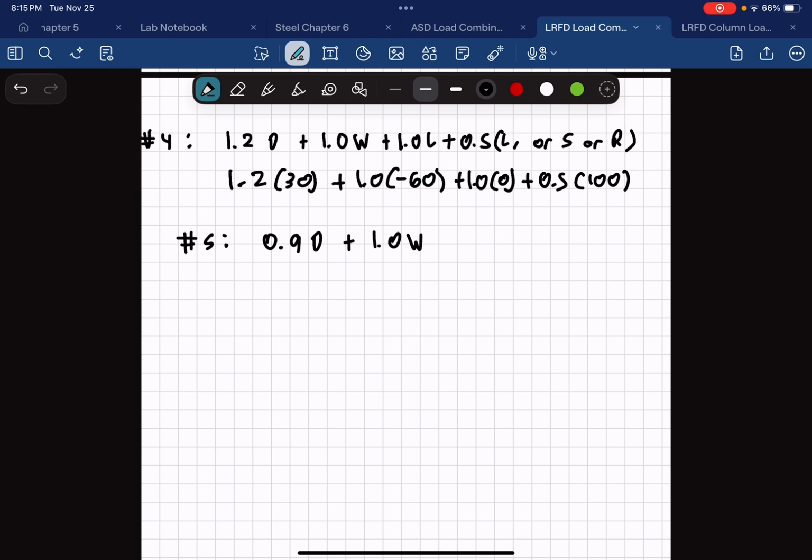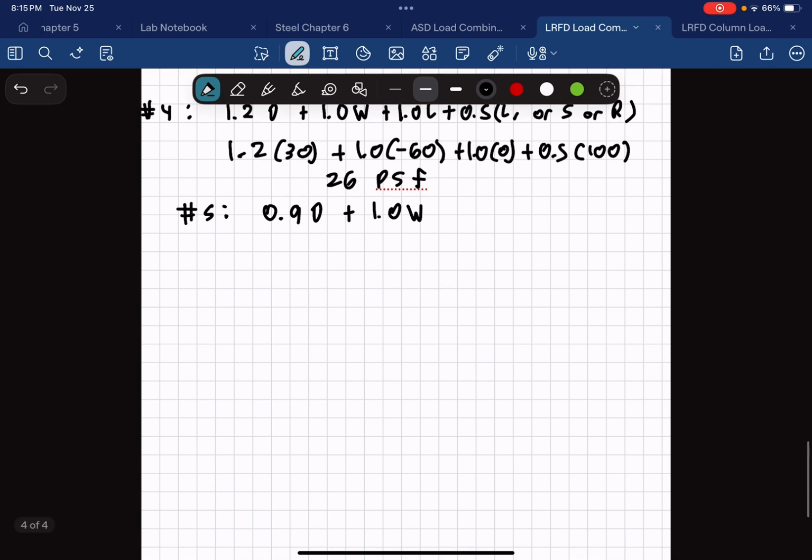We're going to get 26 PSF, very low. And then this last case, you can probably tell this isn't going to be our governing case. We have 0.9 times 30 plus 1.0 times negative 60. It's interesting here because if this case were to govern, we would have a negative pressure, but that's not what's going to happen. So this is going to be negative 33 PSF.